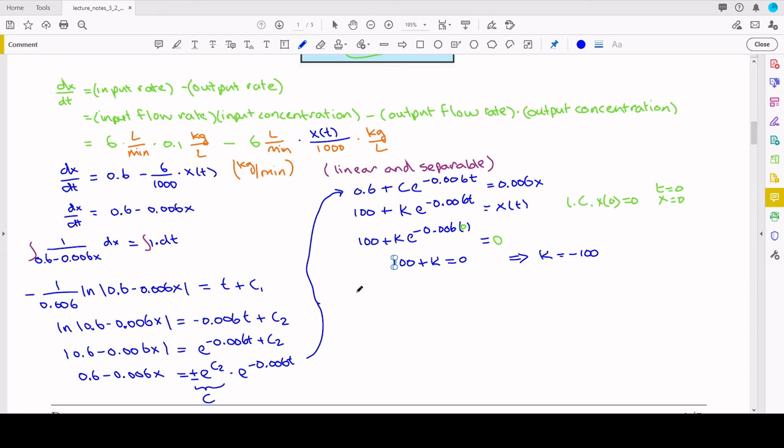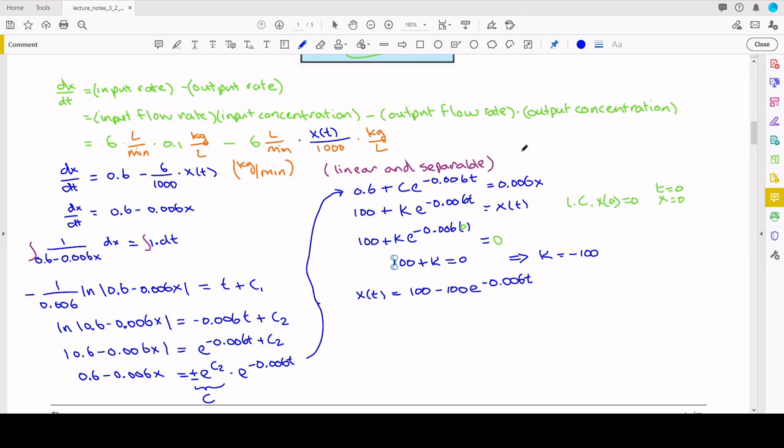And so our final solution for our function x of t equals 100 minus 100 e to the power negative 0.006t.